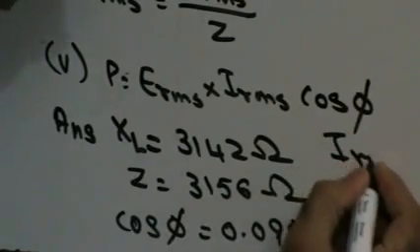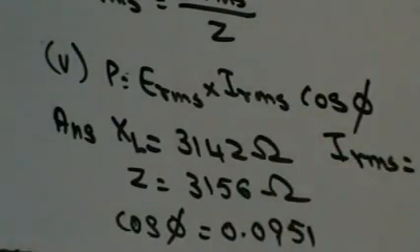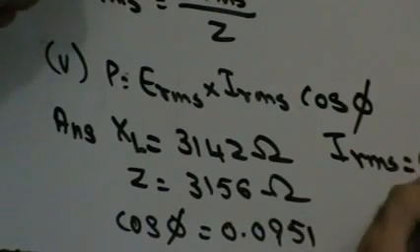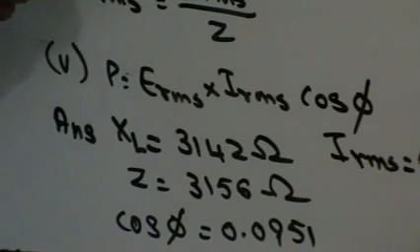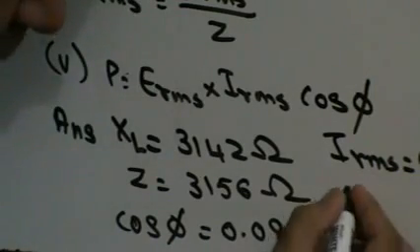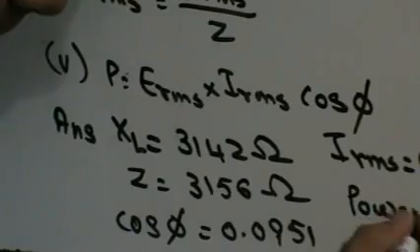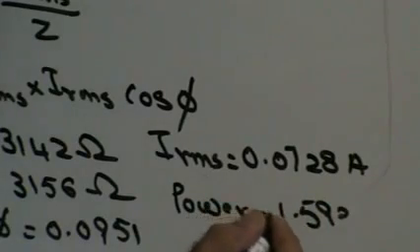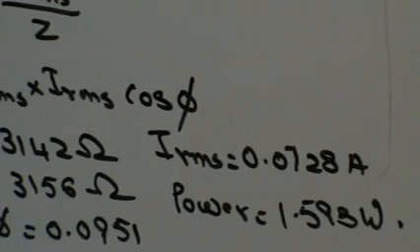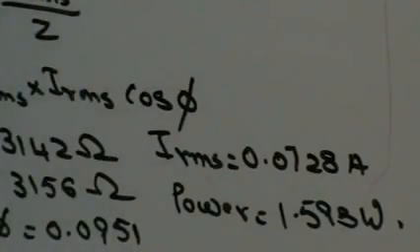Current IRMS is going to work out to 0.0728 amps. And last, power absorbed in the circuit is nothing but 1.539 watts. Right, that should be the answer for the question. Next, take down next one please.